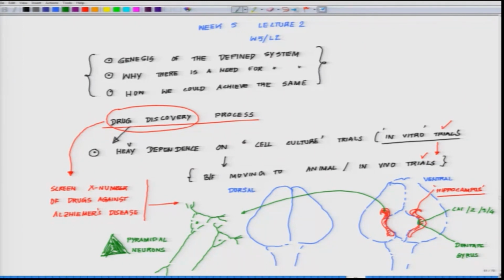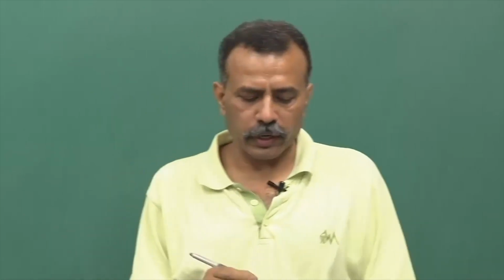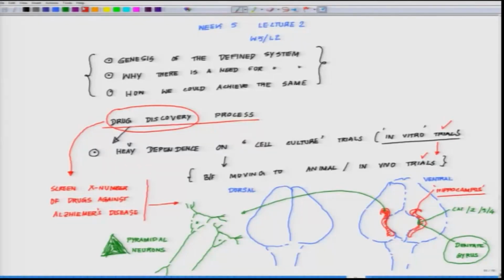These pyramidal neurons start to die at a certain point in life in Alzheimer's. Mostly these are age related disorders. So, when we talk about Alzheimer's, we talk about an age related neurodegenerative disease.